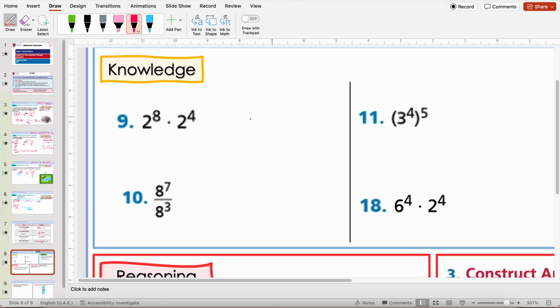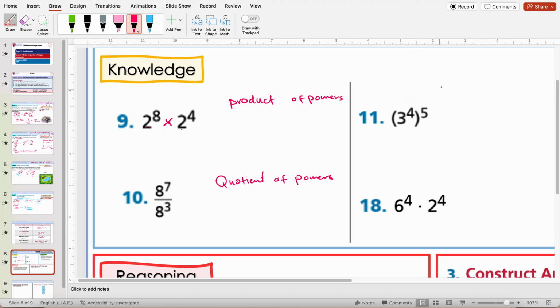So first one, as you can see, I'm multiplying the same base, so it's called product of power. This one division, so it's called quotient of powers.